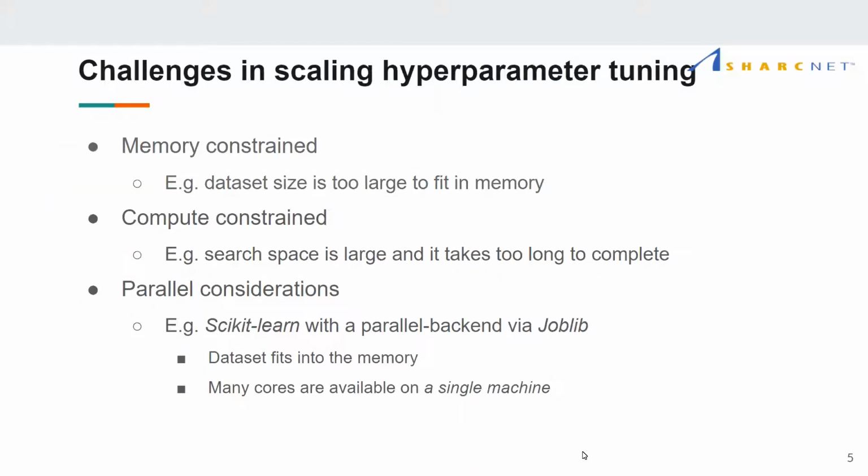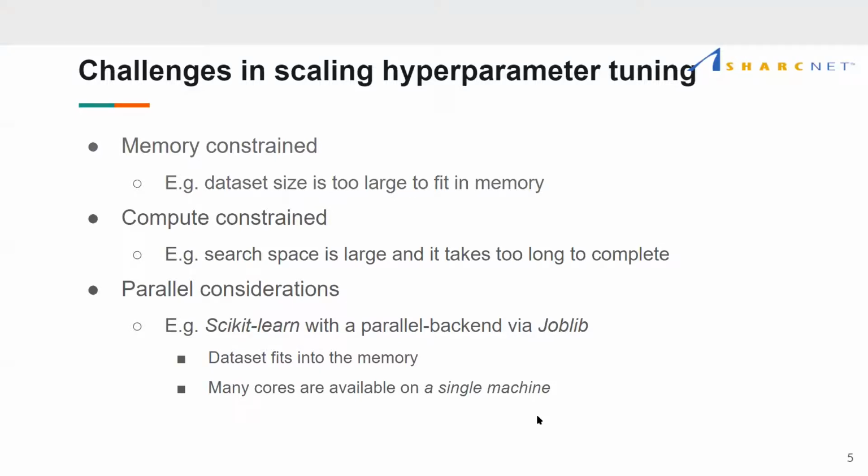Some of the challenges can be memory constrained, for example, when the dataset is too large to fit in the memory of a single computer. That typically happens when a model needs to be tuned for a much larger dataset after some local development. Others can be compute constrained, for example, when the computation takes too long even with data that can fit in memory.